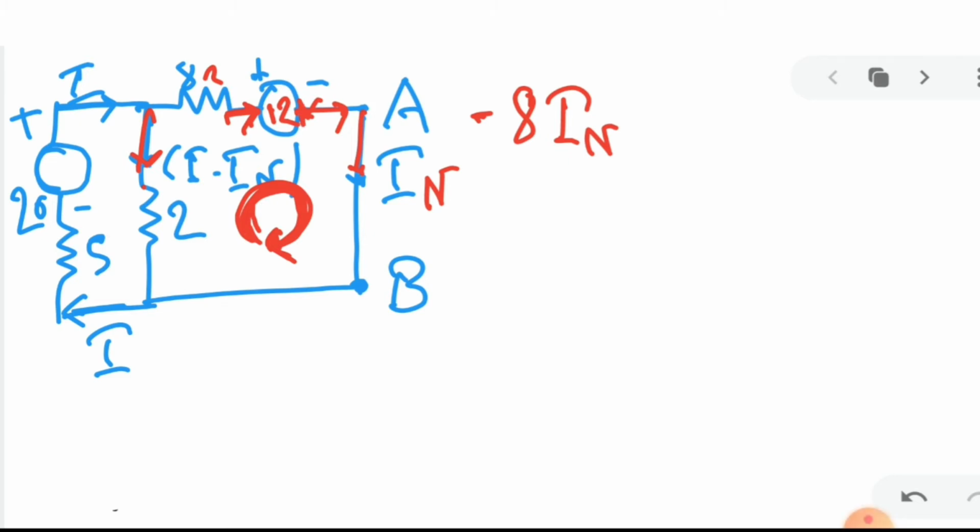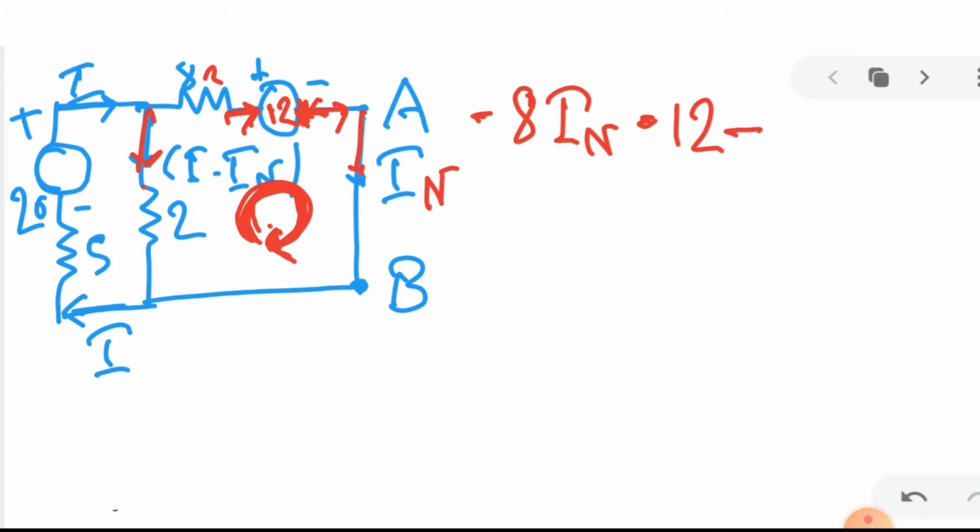The loop goes out from the minus side of the voltage source, so it is minus 12. Here is no resistance, and here the current direction is this and the loop direction is this, so the current and loop direction are opposite.